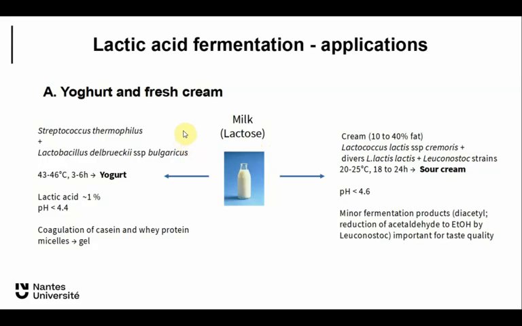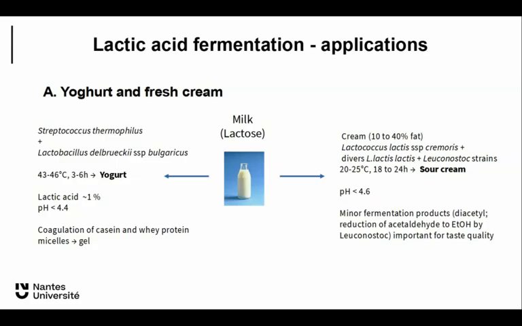If you inoculate it with starter culture containing two different lactic acid bacteria, Streptococcus thermophilus and Lactobacillus delbrueckii subspecies bulgaricus, often called Lactobacillus bulgaricus, and incubate them in your yogurt maker between 43 to 46 degrees for 3 to 6 hours, you get yogurt. So what's happened?